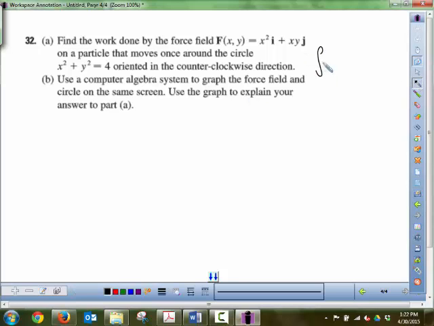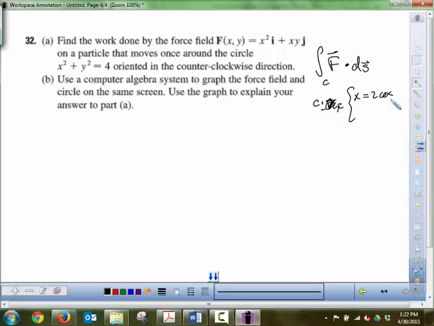So our line integral, we need to parameterize C, which we already can parameterize, right? And then f dot ds. So if we parameterize C, I guess instead of using r, I'll use x and y. x is equal to 2 cosine t. y is equal to 2 sine t.